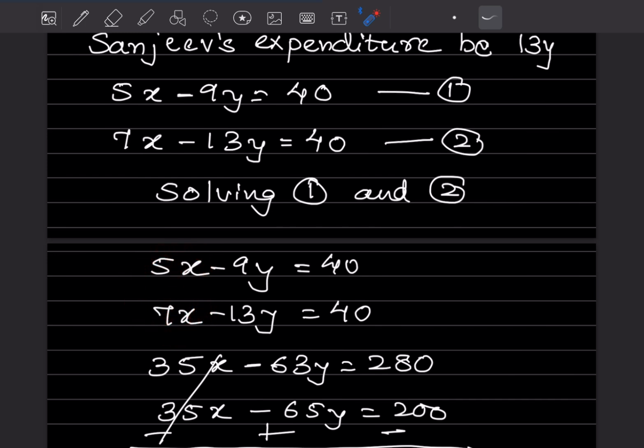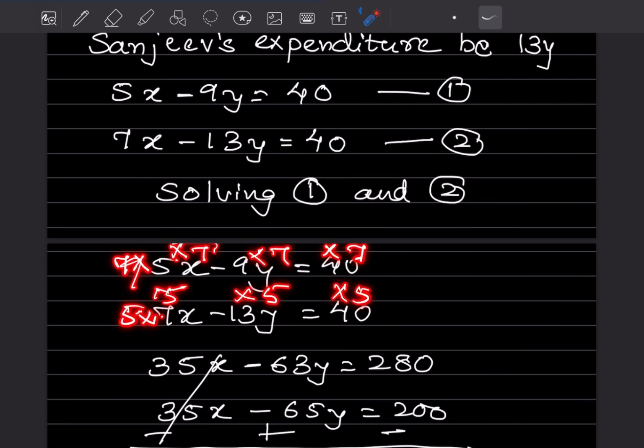So then see here, you have done the elimination method and the substitution method. 7 will multiply with this one and this will multiply by 5. So when we are multiplying this by 7, here also should be 7, here also should be 7, and here will be 5. So 5 here, 5, and here also 5.